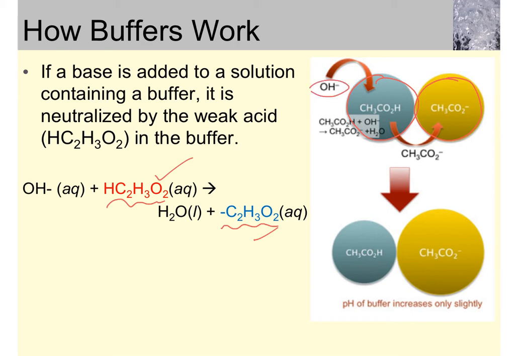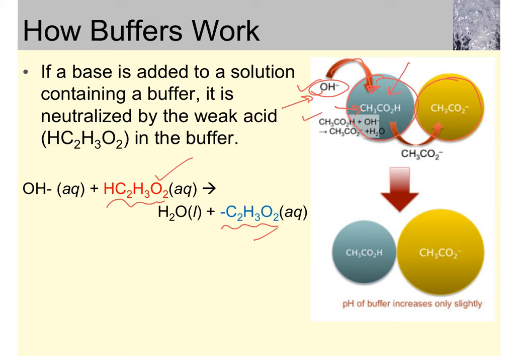So if a base contaminant is accidentally introduced to the solution, the weak acid will react with that basic contaminant. Now, here's the key. Look at what's formed when a base contaminant, we're just assuming it's a hydroxide, reacts with the weak acid to control the buffer.